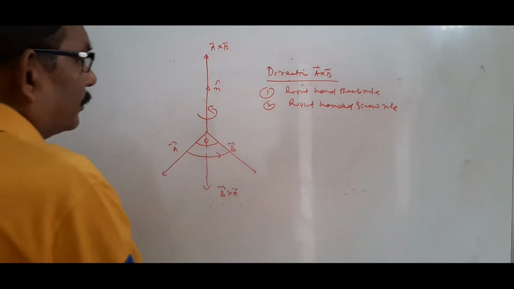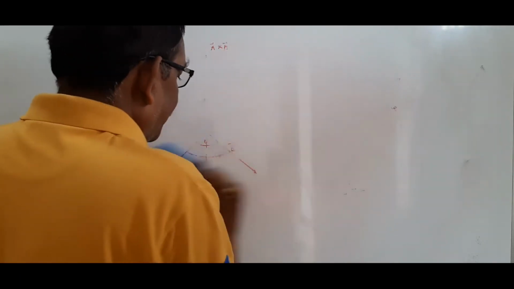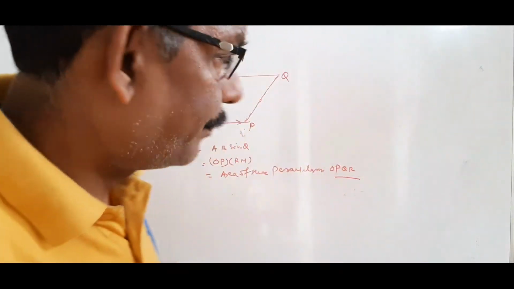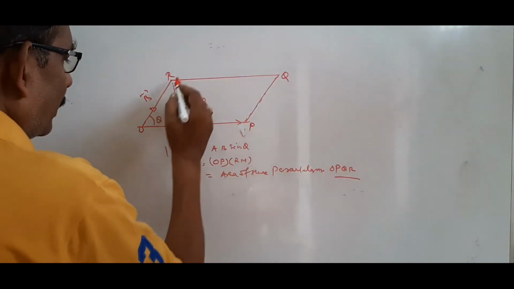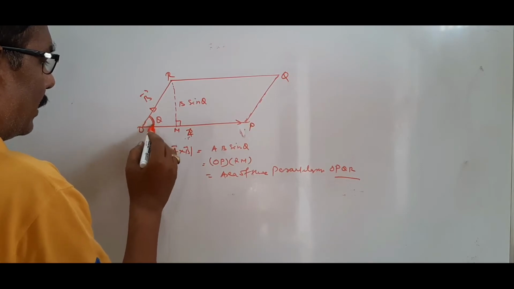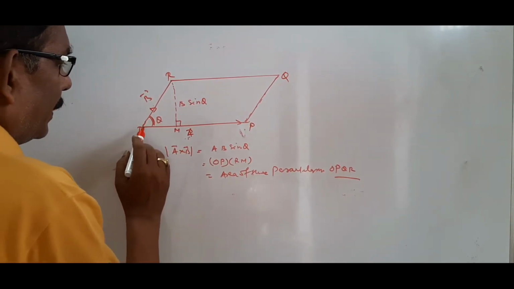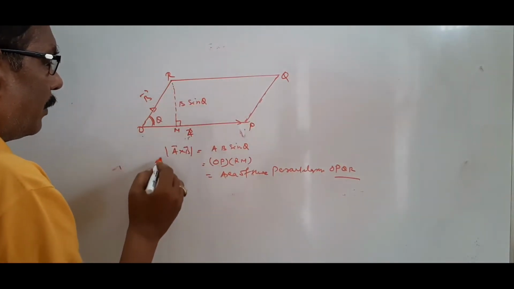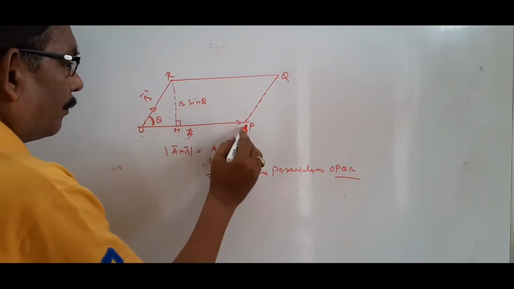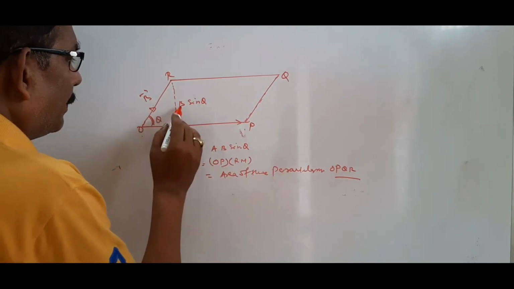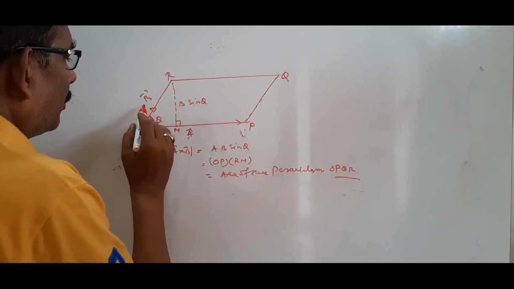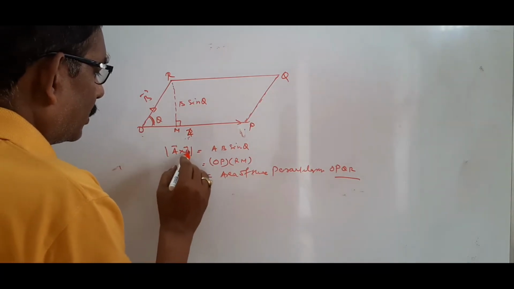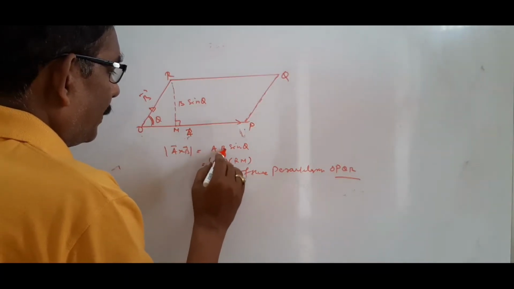Now, the geometrical interpretation of A cross B. A and B are two vectors inclined at an angle theta. Complete the parallelogram OPQR. Now, draw a perpendicular OM on OP. Here B sin theta is the height. So the magnitude of A cross B equals AB sin theta.